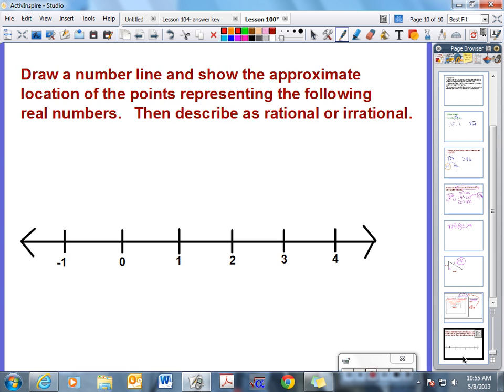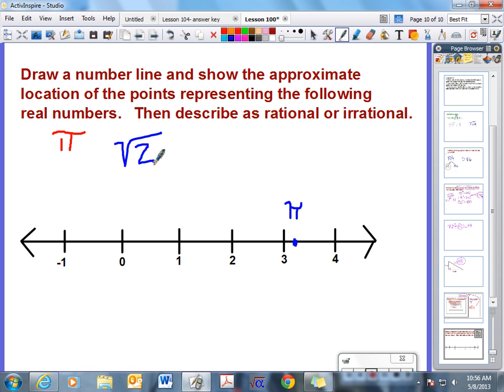All right, now let's put a few of these on a number line, some of these rational and irrational numbers. First of all, let's go with pi. If I had to put a dot for pi on my number line, we know that pi is close to, again, 3.1. So I would put the dot just a little bit after the 3. All right? How about the square root of 2?